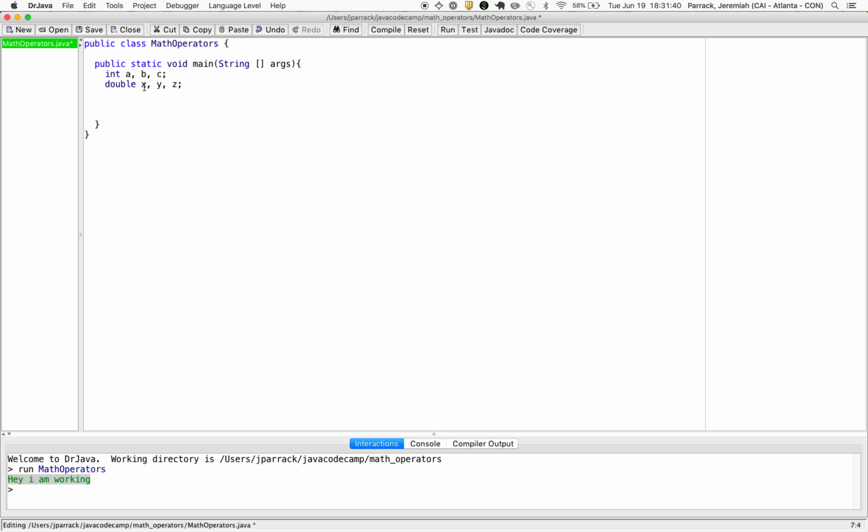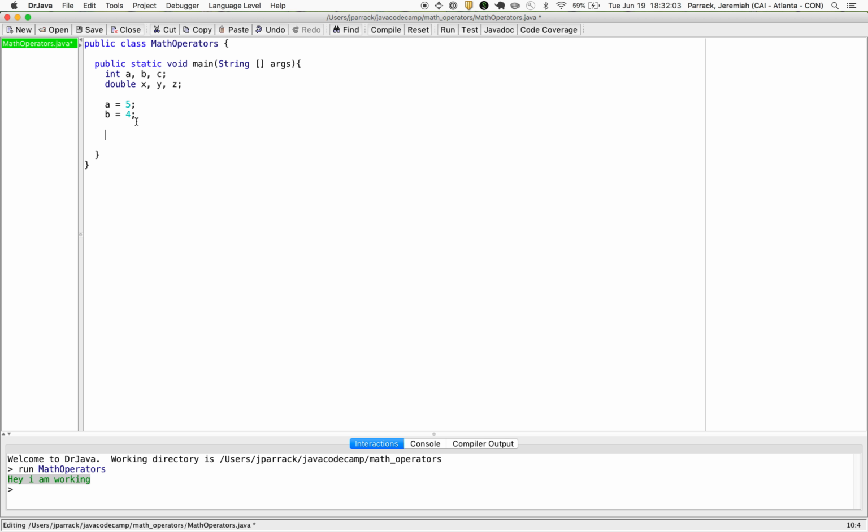Great. So let's say A equals 5, semicolon, and let's put B equals 4, semicolon. Okay, so now let's start using these operators like plus, minus, multiply, divide.